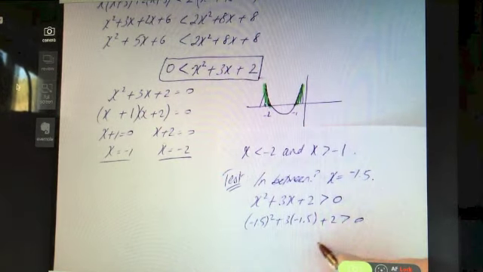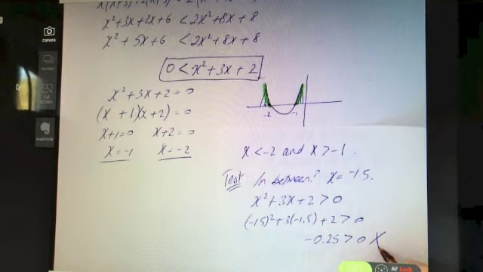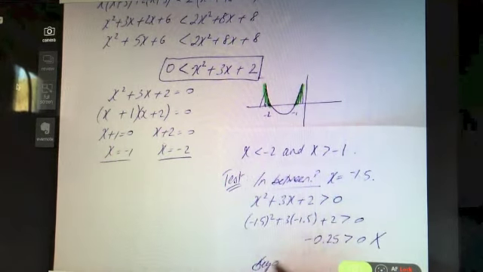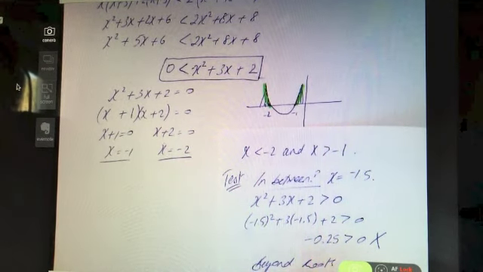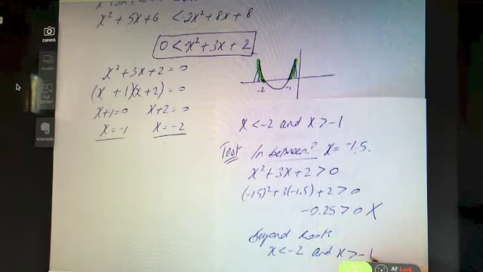Is that greater than 0? And that works out to be minus 0.25. Greater than 0, that's not true, which means it's not in between, it must be beyond. And therefore that is less than minus 2 and greater than minus 1.